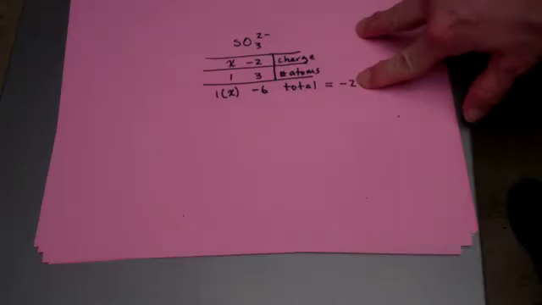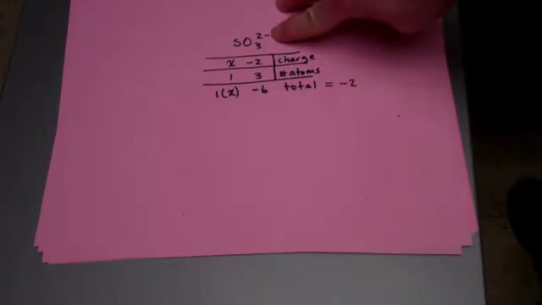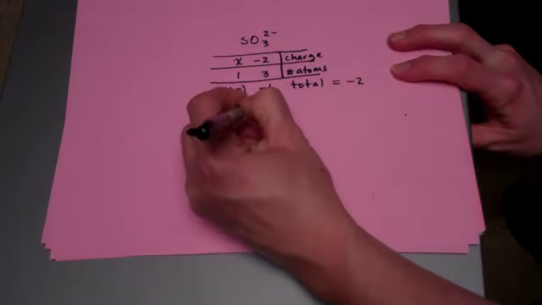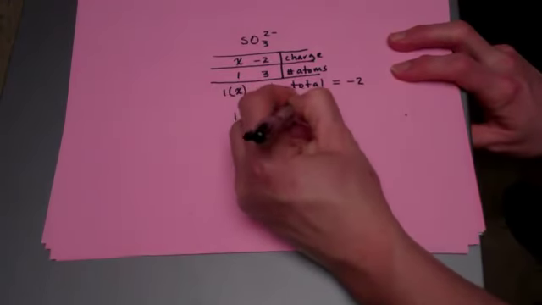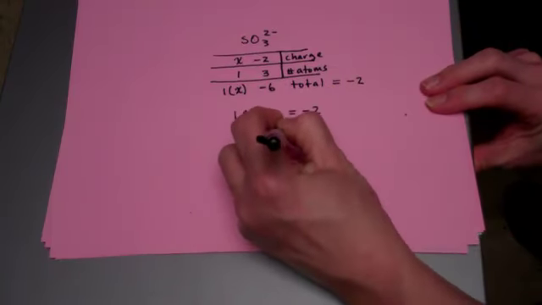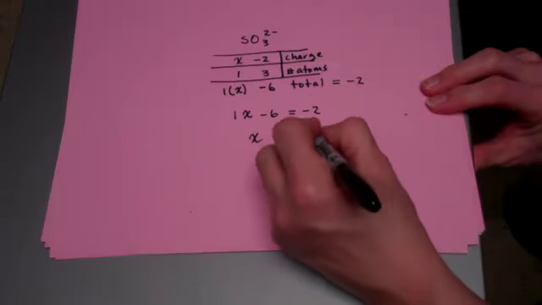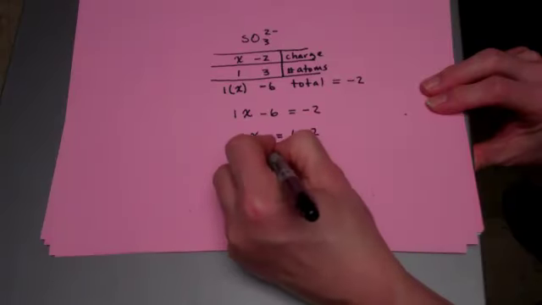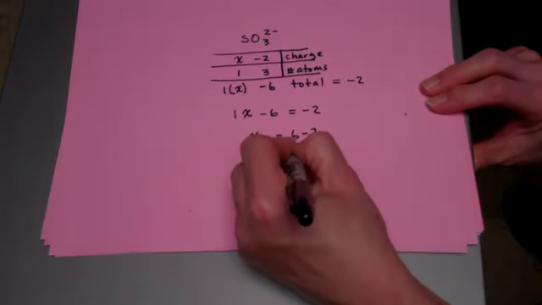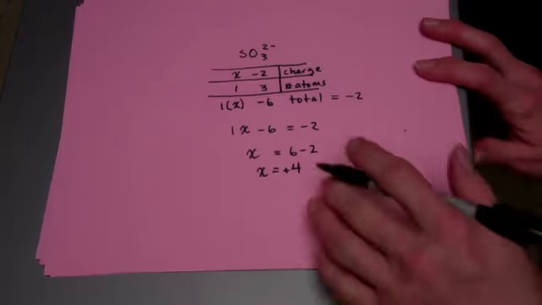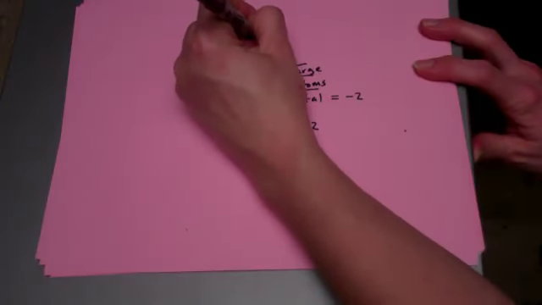Instead of equaling 0 like our other compounds normally do, this one has the charge indicated. So we would say 1x minus 6 equals -2. Then we solve for x. We bring the 6 to the other side, so x equals 6 minus 2, or x equals 4. So in this case, our oxidation number for the sulfur has to equal +4, and the oxygens are -2.